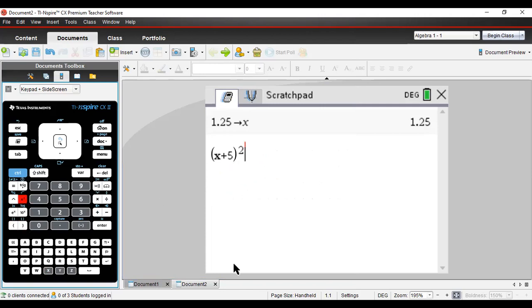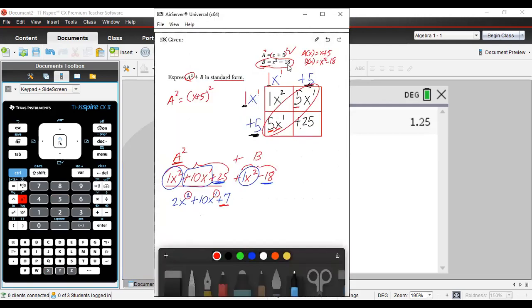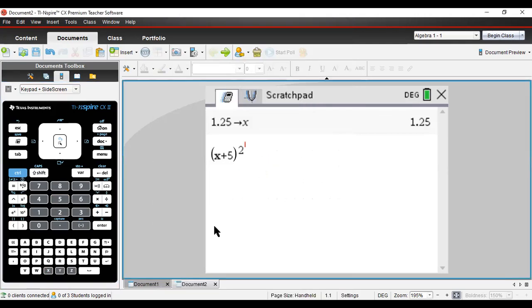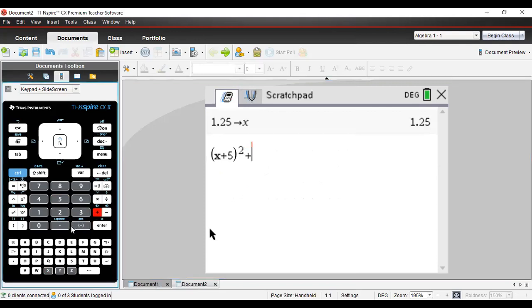And now I'm just going to add this b part, the x squared minus 18. So this is going to be plus x squared minus 18. And when I press enter, I get the output of 22 and about 62.5 cents. So that's what we got.